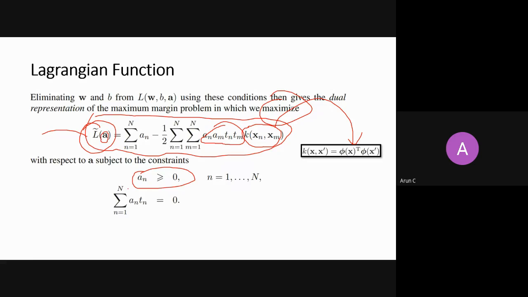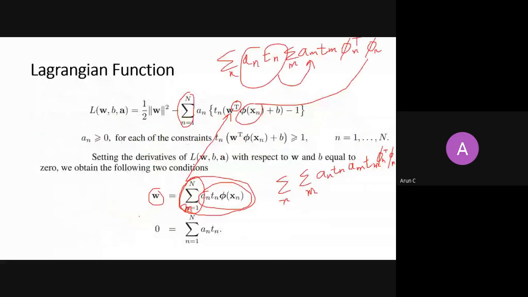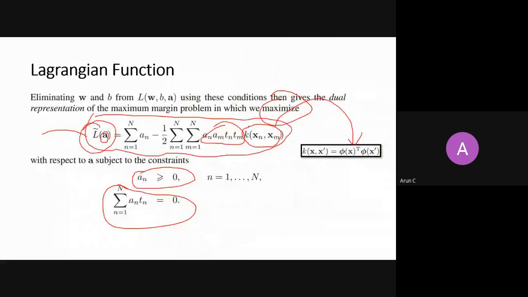And the summation of an and tn equals 0, because it comes from here, so this is a constant there. Anytime you see the summation over an and tn over all n, it should equal 0. So there are two constraints, and this is your Lagrangian in dual form. Subject to these constraints, you have to maximize it.